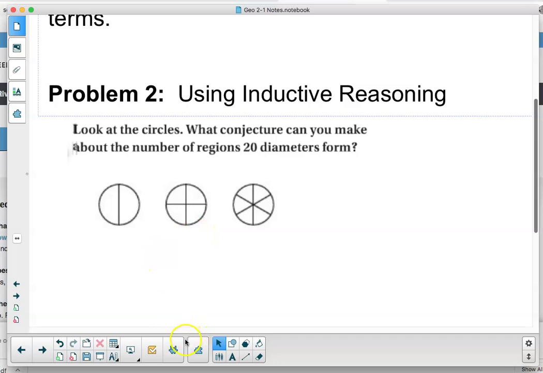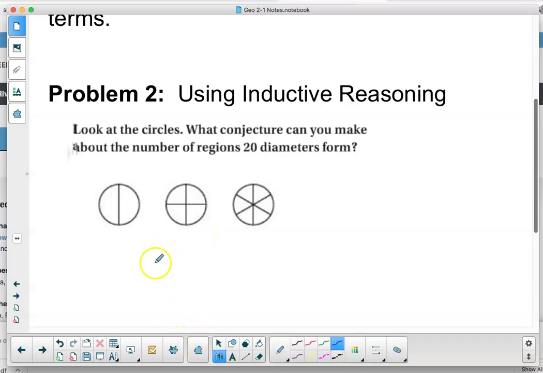When you do this, make some notes. 1 diameter is 2 regions. 2 diameters is 4. 3 diameters, 1, 2, 3, 4, 5, 6, is 6. With that information provided, I'm going to skip a few.